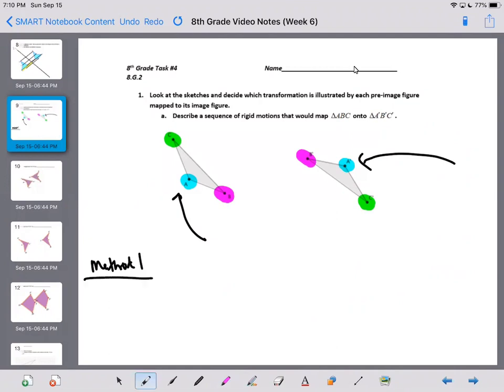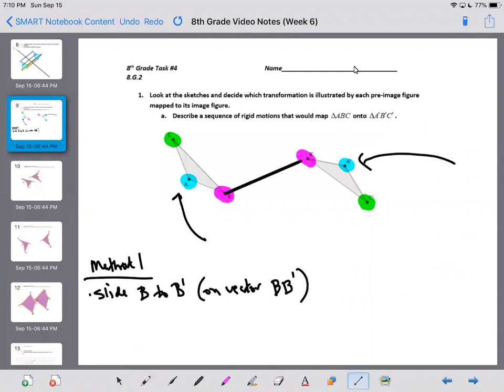could be that we just slide B to B prime on what we call vector B prime. So what we're looking at is we're just going to slide that from bottom left to top right. So we're looking at it going this direction. All right.